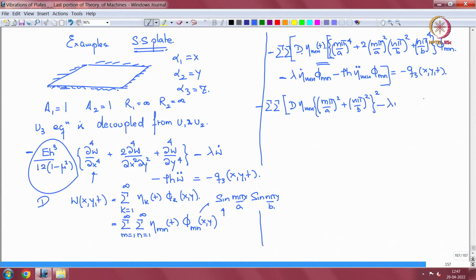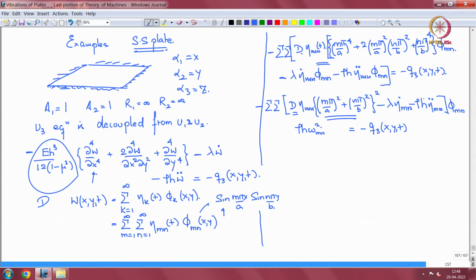Minus lambda eta mn dot minus rho h eta mn double dot, okay, into phi mn is equal to minus q3 x comma y comma t. Okay. So I've told you before that this part d into this part is rho h omega mn square.